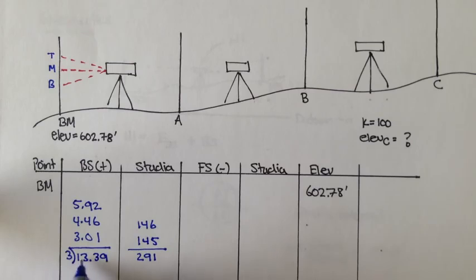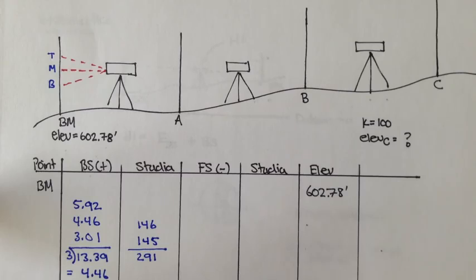If you divide 13.39 by 3, we get 4.46, which is very close to the middle, 4.46. So let's assume we took the readings, we checked the stadia, and now our average is matching the middle, so we can safely say that the backsight for the benchmark is 4.46.